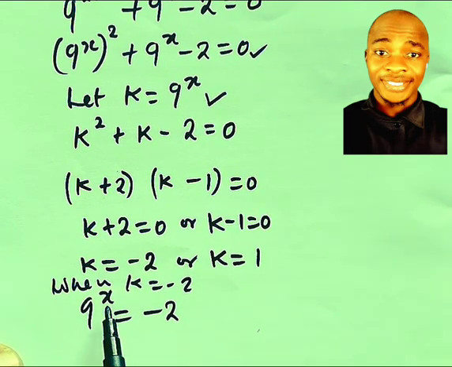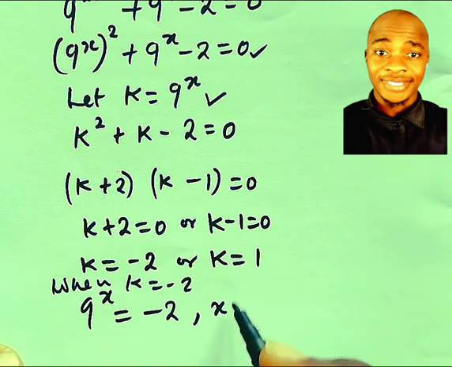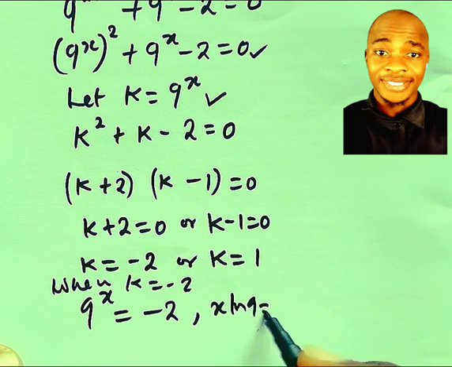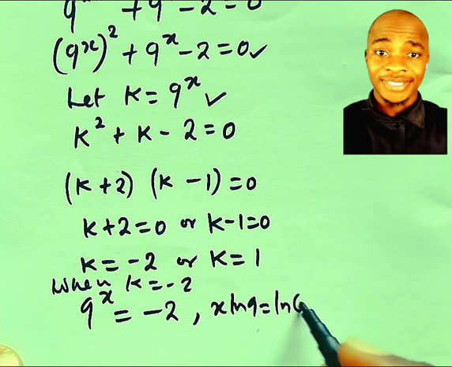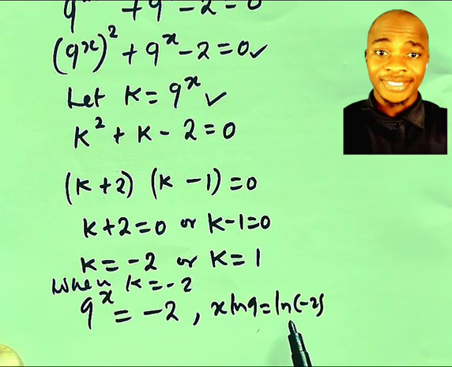Getting this would be like taking the logarithm of both sides, so we would have x ln 9 equals ln of minus 2, and don't forget that the logarithm of a negative value is not valid. Therefore we discard k equals minus 2. It's not one of the values of k we're going to pick.